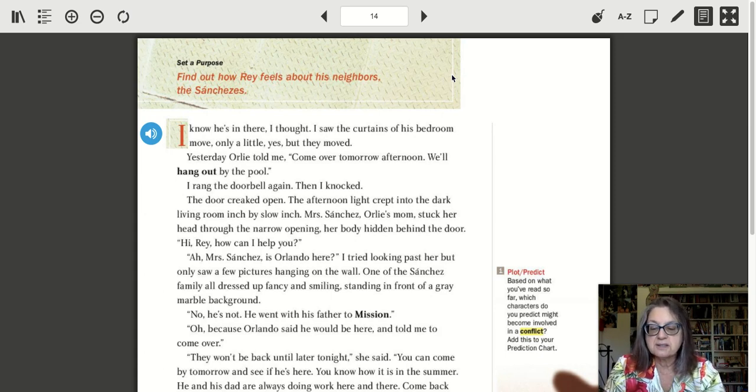Mrs. Sanchez, is Orlando here? I tried looking past her, but only saw a few pictures hanging on the wall. One of the Sanchez family, all dressed up, fancy and smiling, standing in front of a gray marble background. No, he's not. He went with his father to mission.